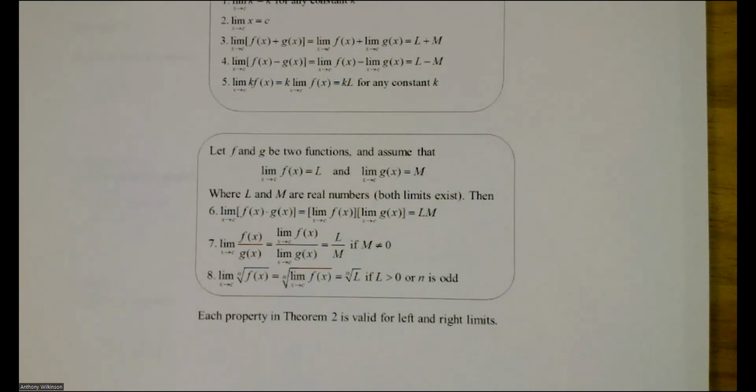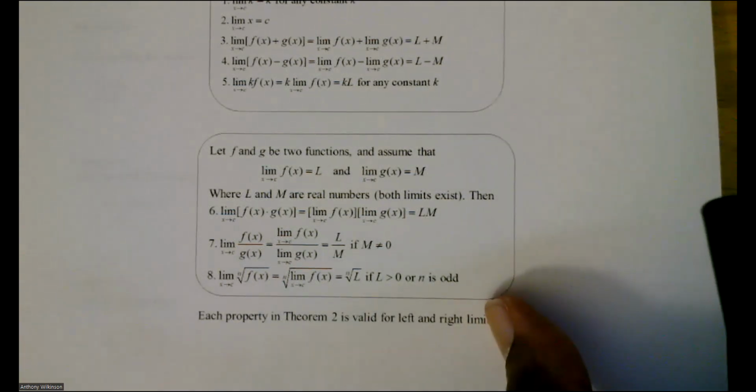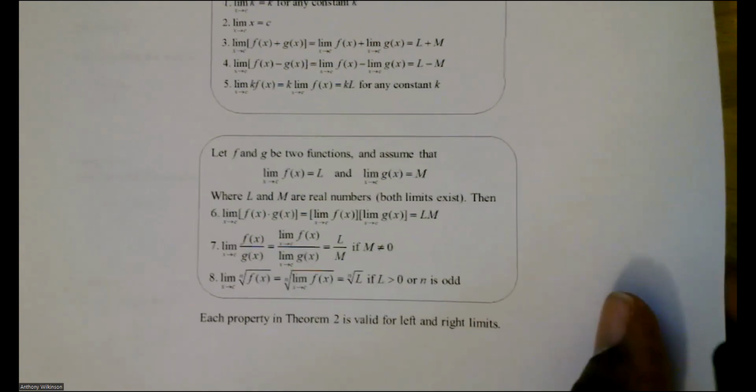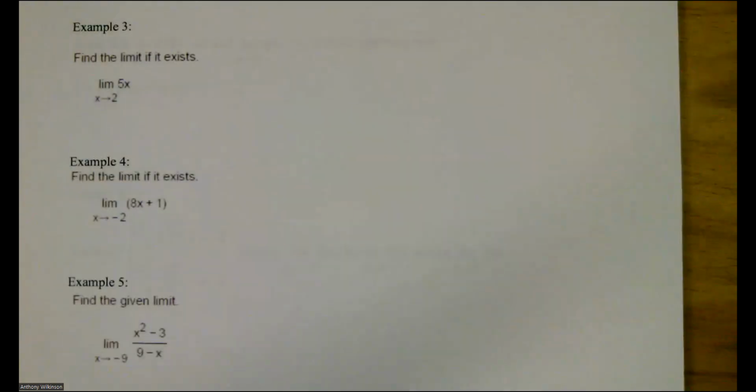And each of these properties in theorem 2 is valid for left and right limits. So those are the 8 properties of limits that we will be using in examples like this one.